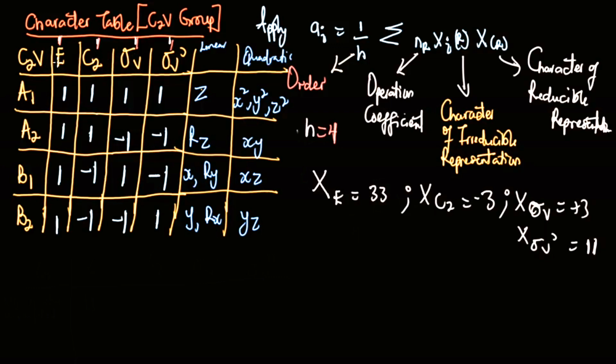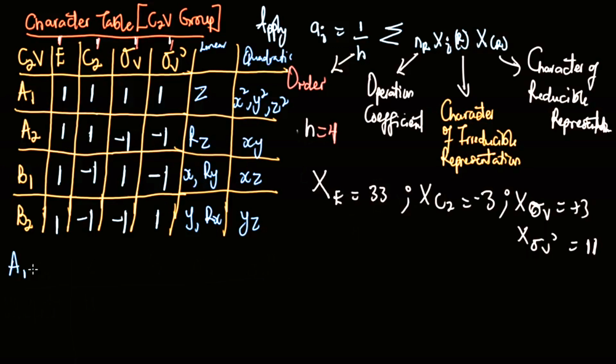So N is basically 1 for all of them. Now for the irreducible representation, these are the values that we have on the table. But for the reducible representation, these are the values that we got here. So now let's start with A1.